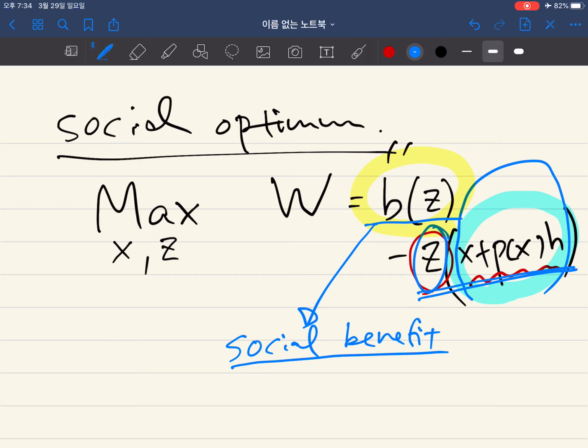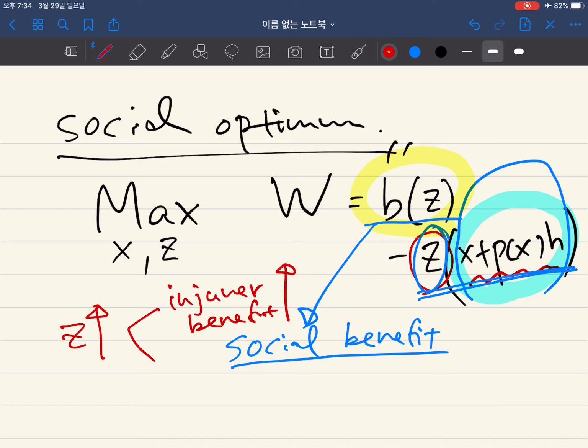So when Z goes up, so we allow the injurer to engage in more activity, it is going to increase the injurer's benefit, and it is also going to increase social benefit because the injurer's payoff is in social welfare. So something that is good for the injurer is good for our society.